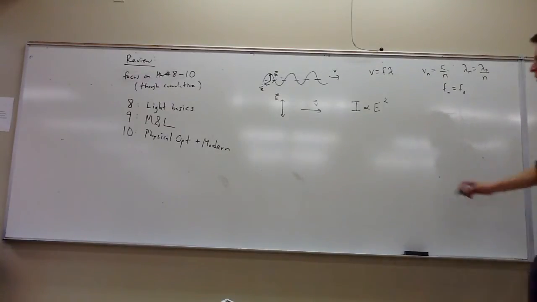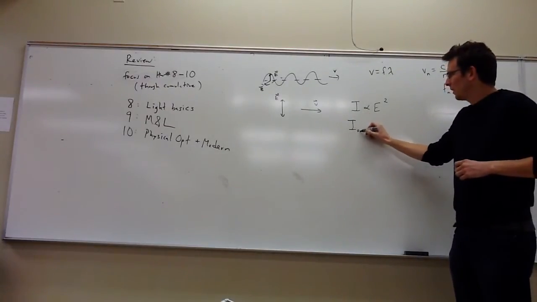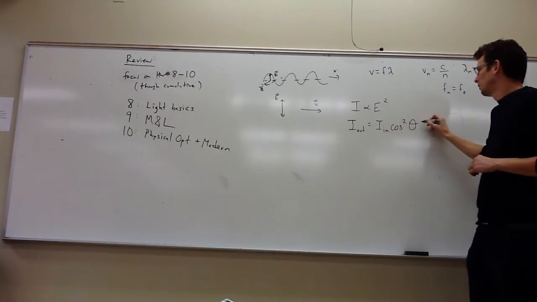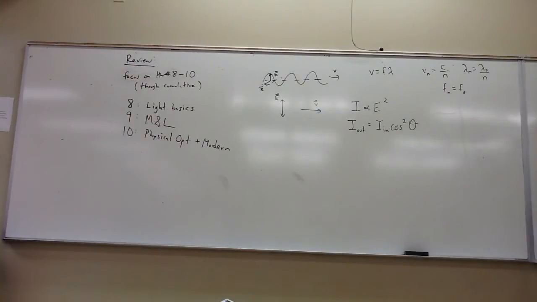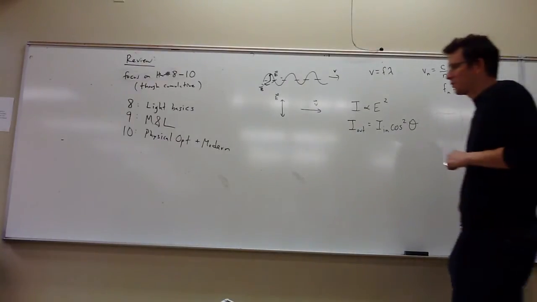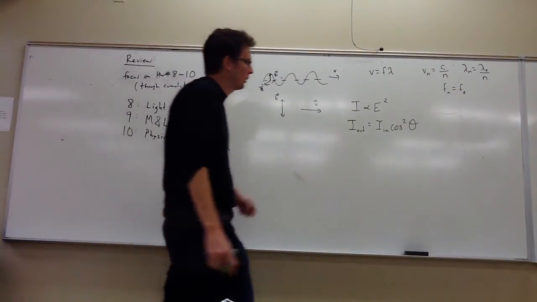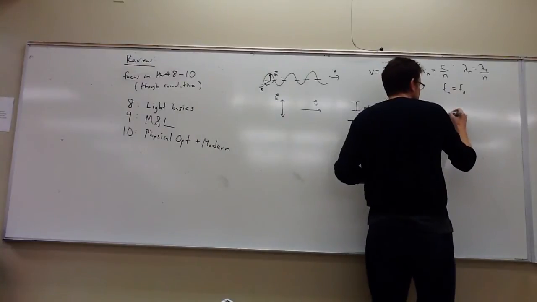And so we came up with something called the law of Malus, which told us what is the output intensity like relative to the input intensity. And there's a cosine squared function.